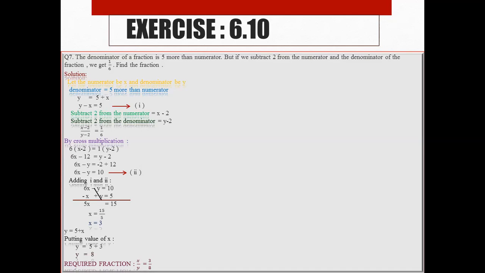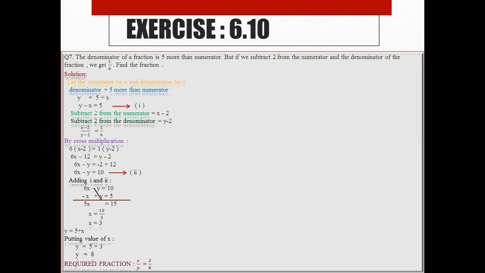Y is equal to 5 plus x. The first condition is y is equal to 5 plus x, and we shift x to the other side: y minus x is equal to 5.